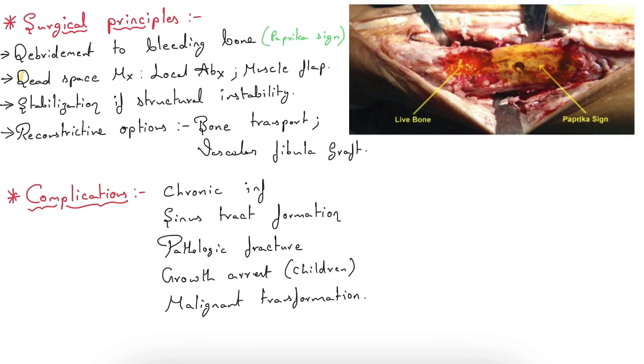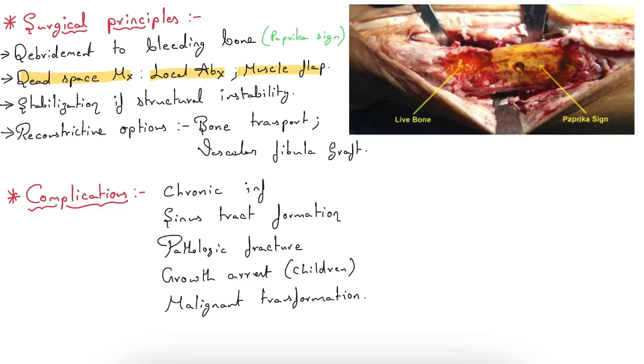You can also see dead space management, like starting local antibiotics and a muscle flap. And stabilization: if we see structural instability, then we have to do stabilization. Next, reconstructive options, like bone transport.